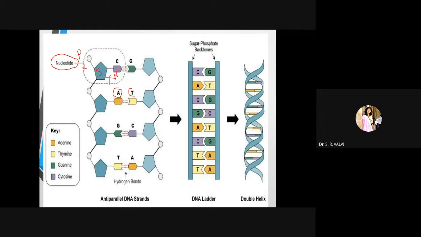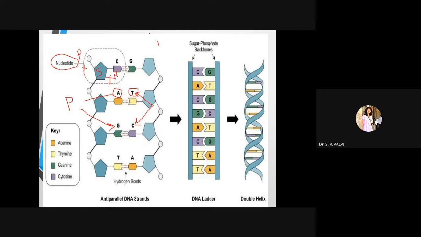Adenine is a purine base, as well as guanine is a purine base, whereas thymine, cytosine and uracil are pyrimidine bases. Uracil is absent in DNA, please remember.